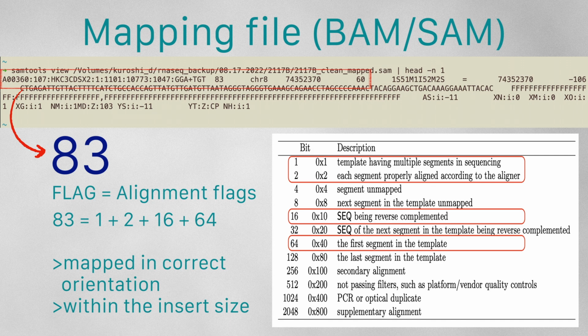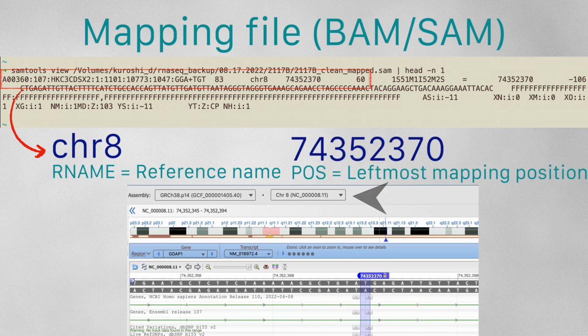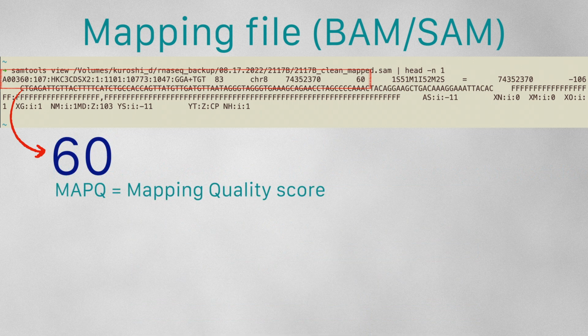Next is the R name, or simply the reference name to which the read would align. And this is followed by the POS, or the position of the leftmost mapping that aligns with the reference. And lastly, we have the mapping quality, or the MapQ value.